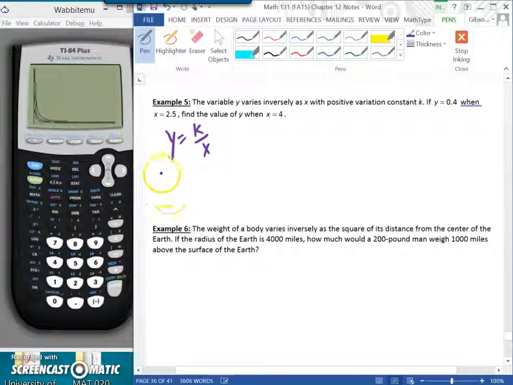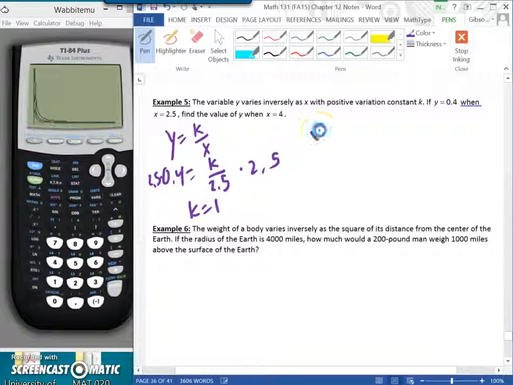We will substitute in 0.4 for y. We don't know what k is, but we know x is 2.5. So now, in order to solve for k, we have to multiply each side by 2.5. So we had 2.5 times 0.4, which would give us 1. So k would be equal to 1.